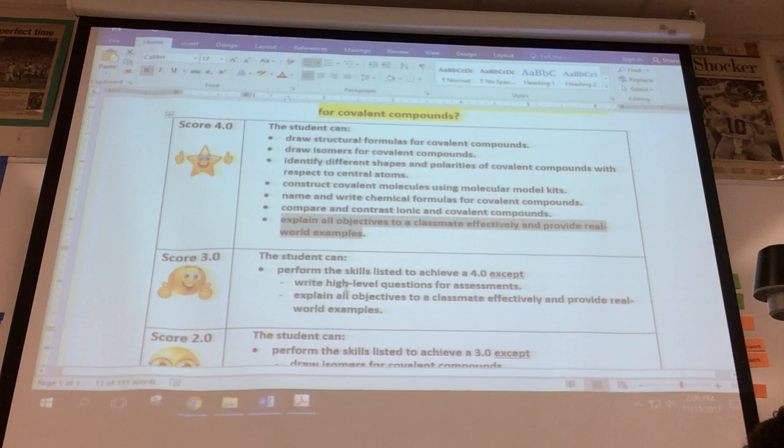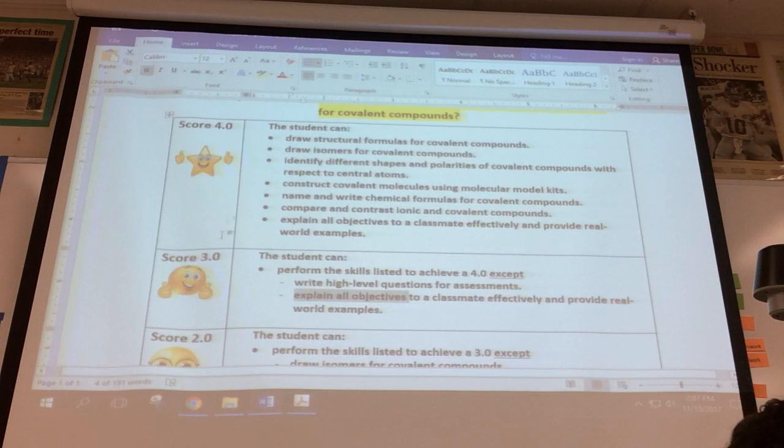Being able to write high-level questions is what truly differentiates a weak A from a strong A student, and you'll have the opportunity to write a question in your Google Form activity. And again, being able to explain objectives effectively is very important to be in that A+ range.